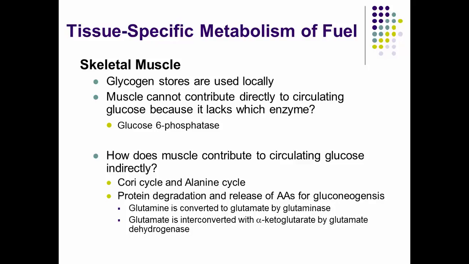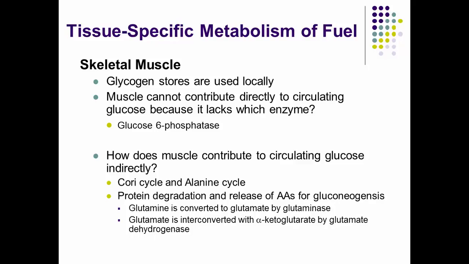So it indirectly contributes to circulating glucose. And muscle can also break down proteins and release amino acids, and those gluconeogenic amino acids can be utilized to make glucose in the kidney and also in the liver, right?